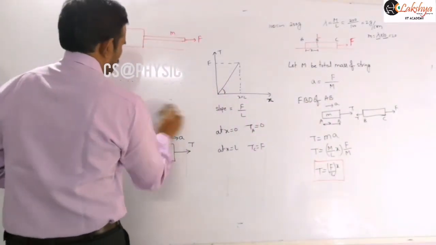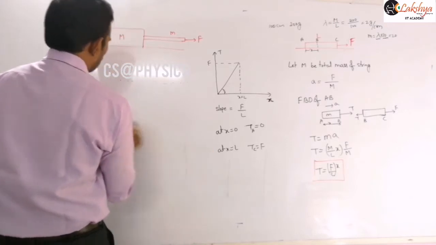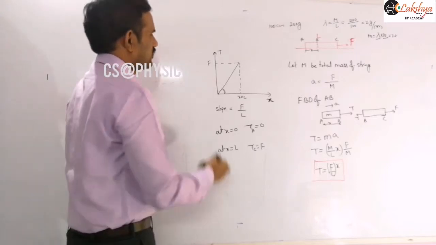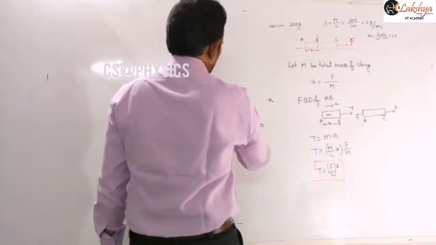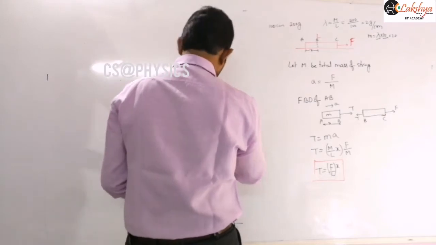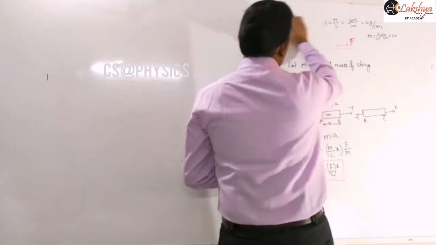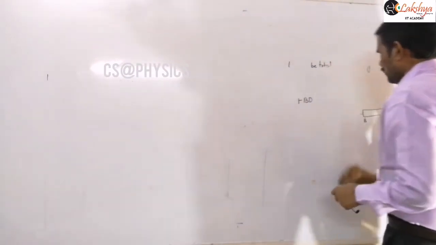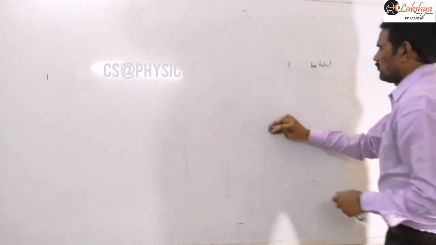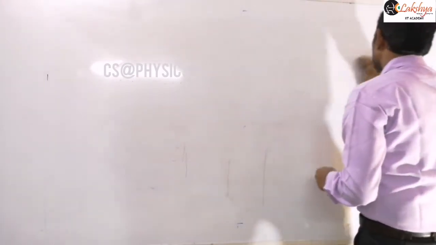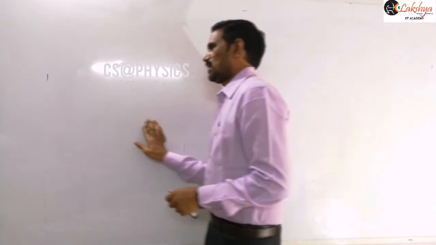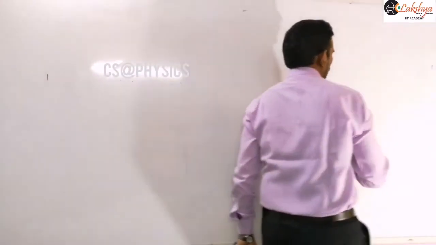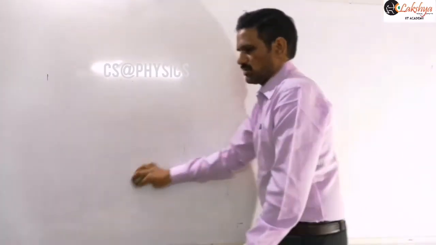In the above problem, find the expression for tension at a distance x from the end where force is applied. X from the end where force is applied. So derive that expression there for the same thing.